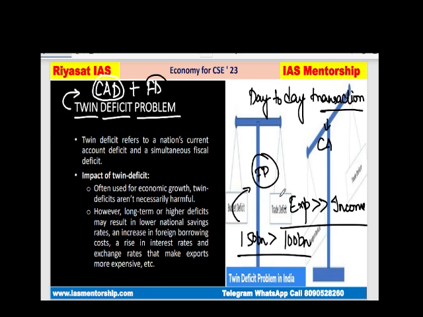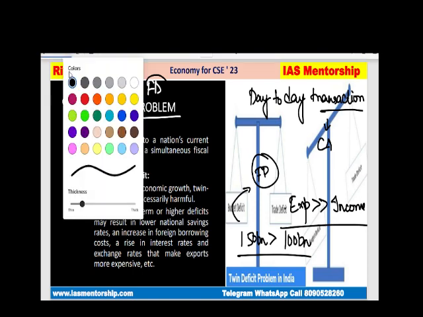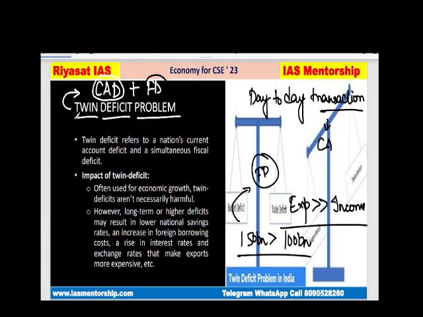The extra 50 billion is equal to the fiscal deficit. Understood? So this is your twin deficit problem. Basically, two types of deficit are occurring here. The nation's current account deficit along with the fiscal deficit is your twin deficit problem.